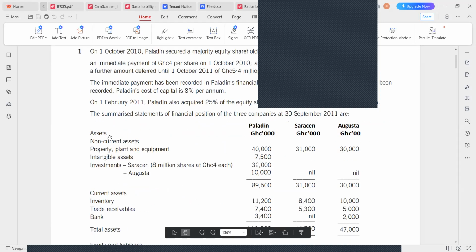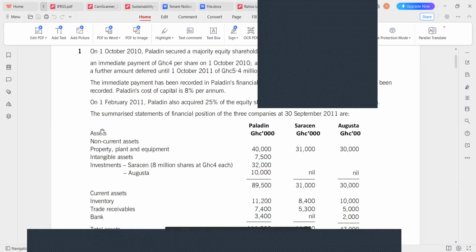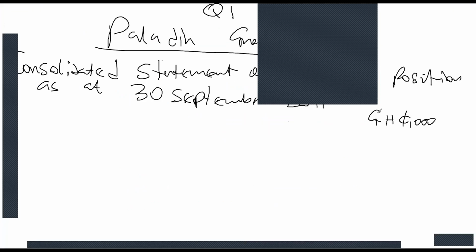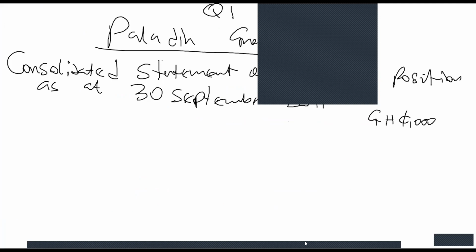So when you move the rows, mostly in exams, I don't repeat the asset heading. I start from non-current assets because I'm always running late or finding a way to present it to look like what they have. So instead of saying assets, I'll go straight and say non-current assets.